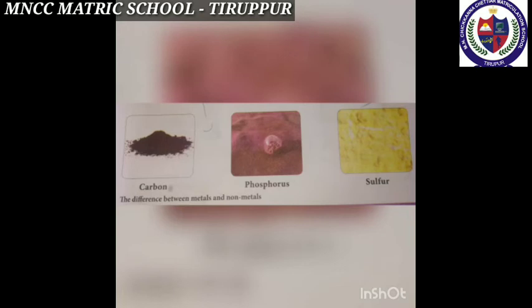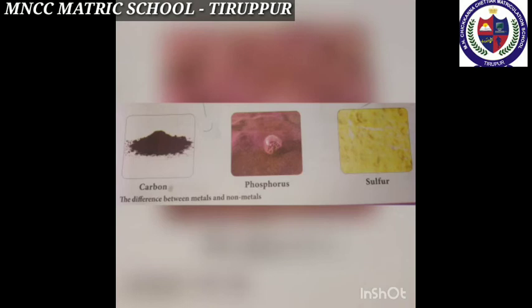Next one is non-metals. Non-metals are generally dull and soft. However, diamond is shiny and also the hardest natural substance on the earth. Non-metals can be gases, solids or liquids. Non-metals such as oxygen, hydrogen and chlorine are gases at room temperature.